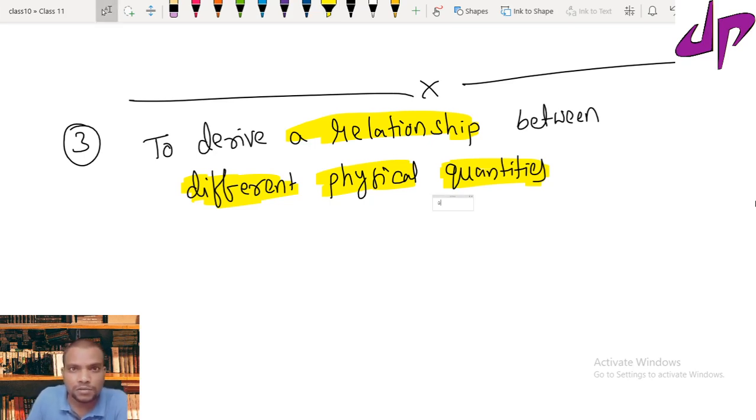Let's take an example. With the help of an example, I would like to elaborate much more.